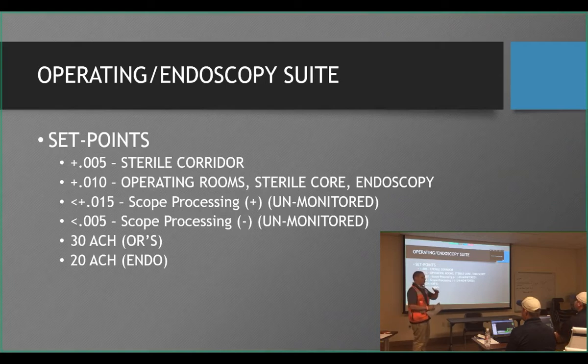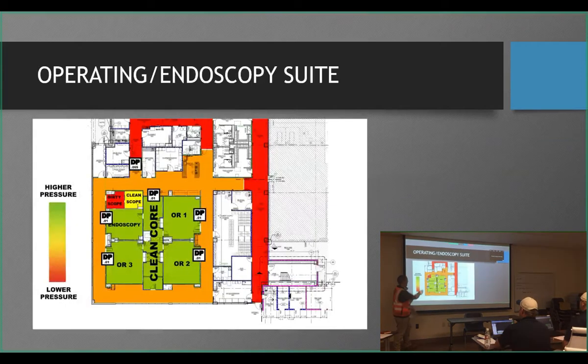I have a few slides and then we'll switch back and forth here. So, the set points for the endoscopy rooms. What I tried to do as best as I could is show you what the pressure monitor will read. These are relative values. If you go to the sterile corridor, and I'll show you in a second where that is, it's right here.